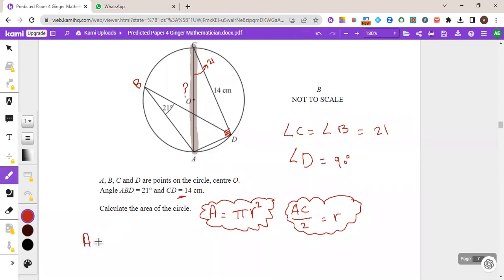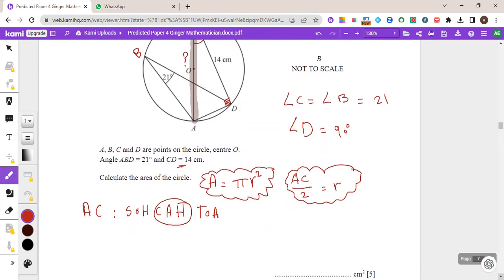I was going to say we can use the cosine rule, but I don't think we can. So I will use cosine in SOHCAHTOA.